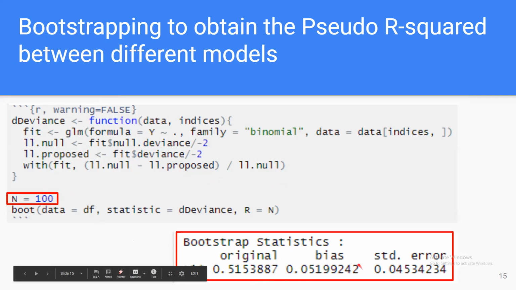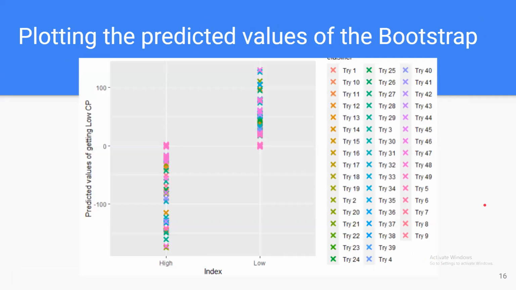This time we have a bias of 0.05 and a standard error of 0.04. If we plot these results from the bootstrapping, we get a graph like this. We only show the first 51 iterations of the bootstrapping.